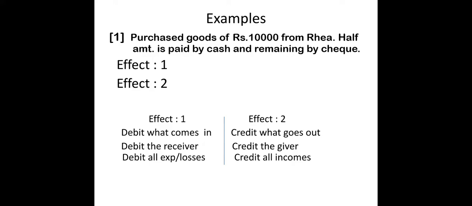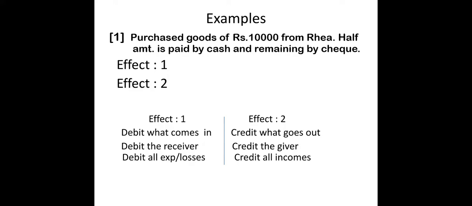Okay, transaction number one. Purchase goods of 10,000 from Ria. Okay, so we are buying goods from Ria, and what is the amount? 10,000. Okay, read further. Half amount is paid by cash and remaining by check.